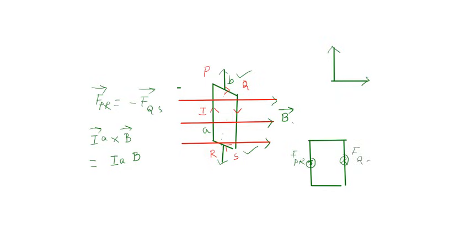And now the distance between the lines of action, as you can see, will only be the width B of the loop. This is the maximum. But if we consider the loop such that the perpendicular to the surface of the loop is parallel to the magnetic field, the loop will look like a straight line.